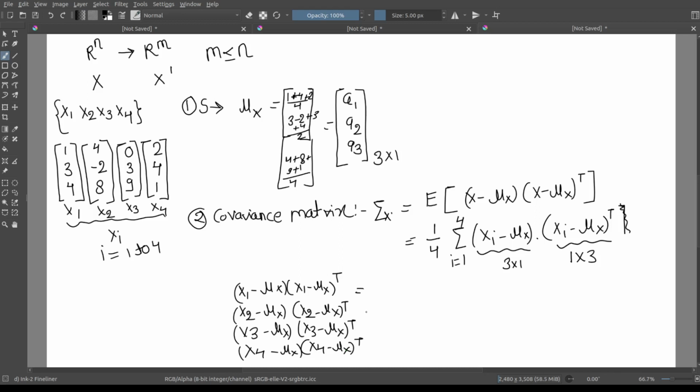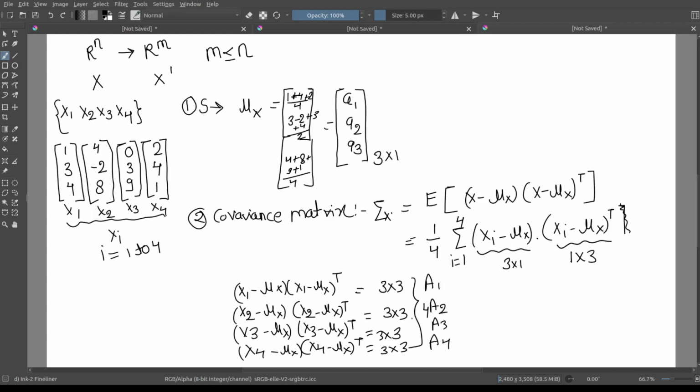In all the 4 cases, you will get a 3 cross 3 matrix, so 4 such matrices. Let's say you are getting 4 matrices a1, a2, a3 and a4.